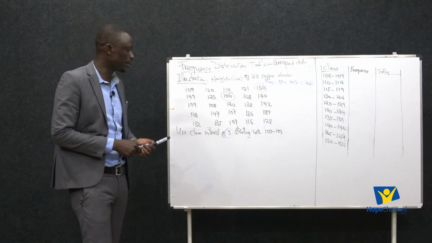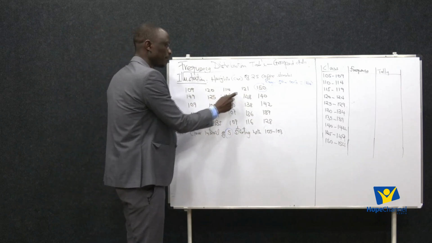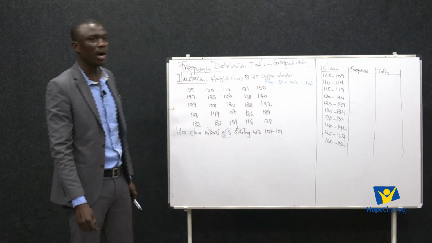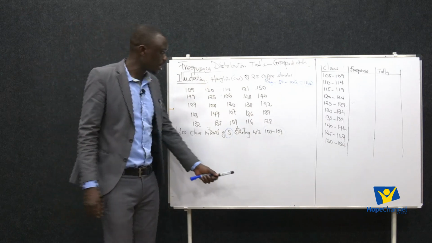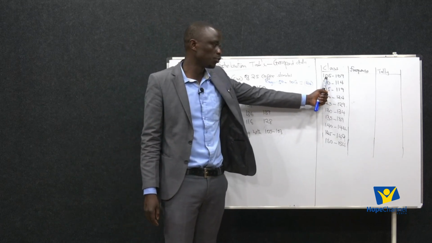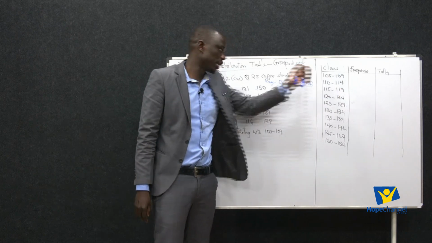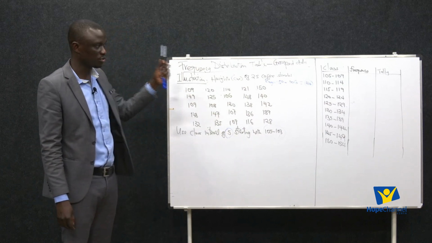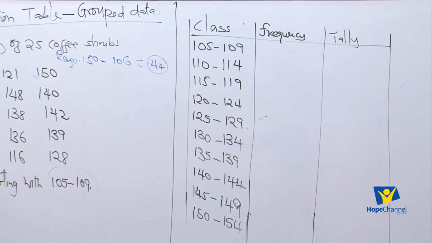So let's begin. The same way we did with the ungrouped data is the same way we are going to work with this grouped data. I'm going to count all those observations that are falling between 105 and 109, anything in between.